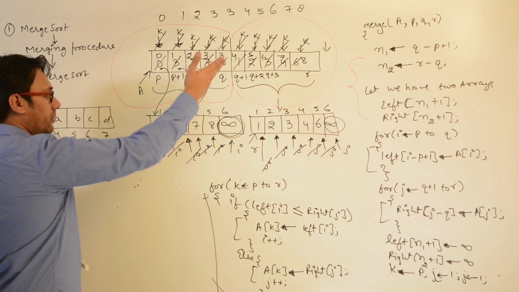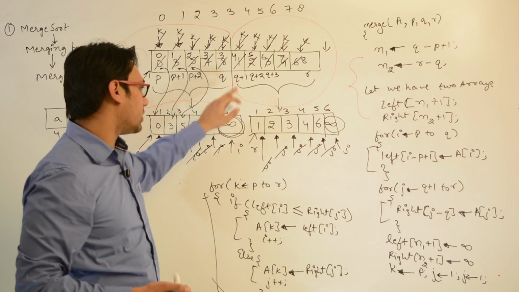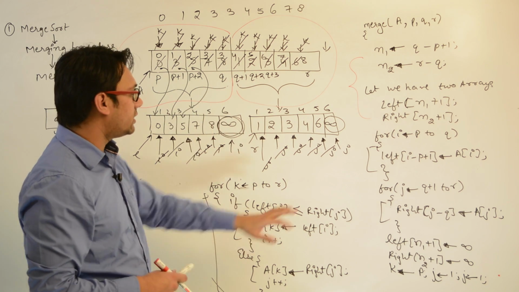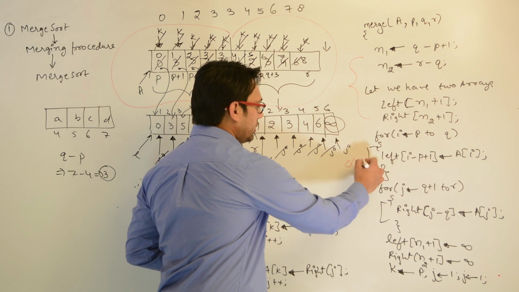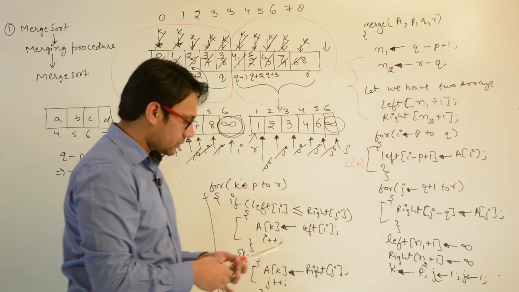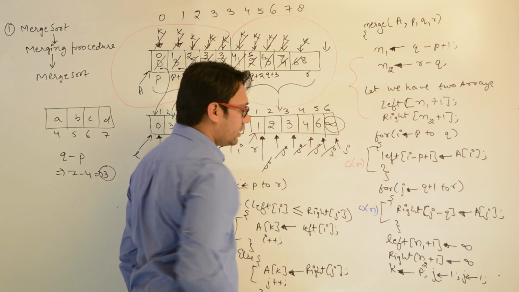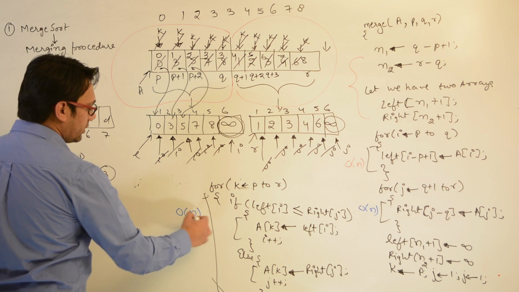It actually depends on the number of data items and where the point Q actually is. So if you have n data items, then this will take approximately order of n time. This for loop will also take approximately order of n time, and this for loop will also take approximately order of n time.